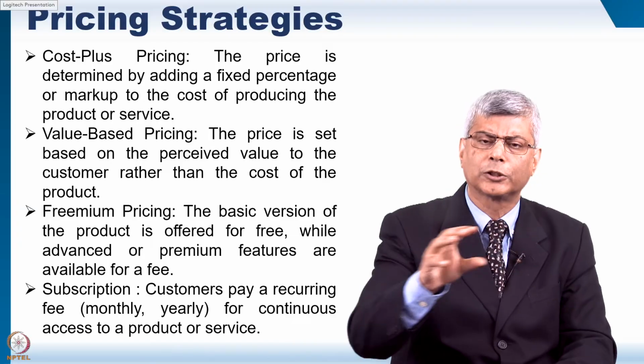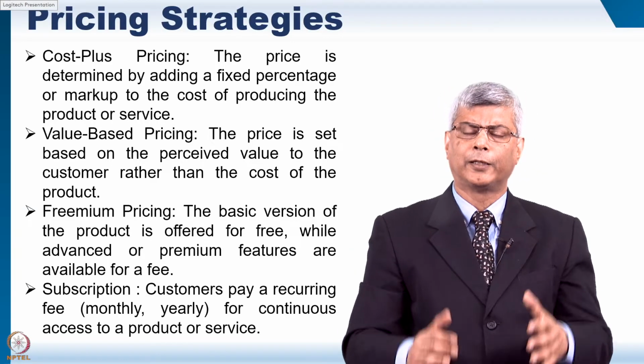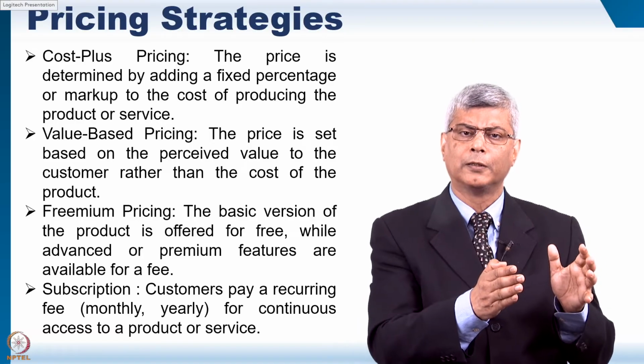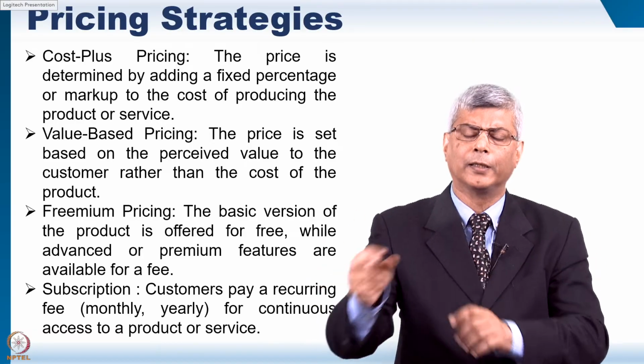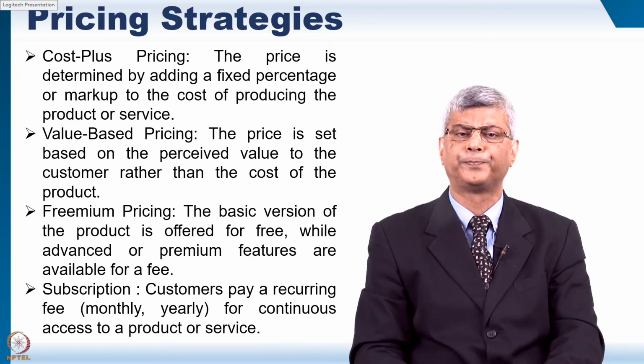So that's called cost plus pricing. It could also be for manufactured products, such as it costs you 100 rupees to make, and you sell it at 120. Cost plus certain margin or a certain profit.